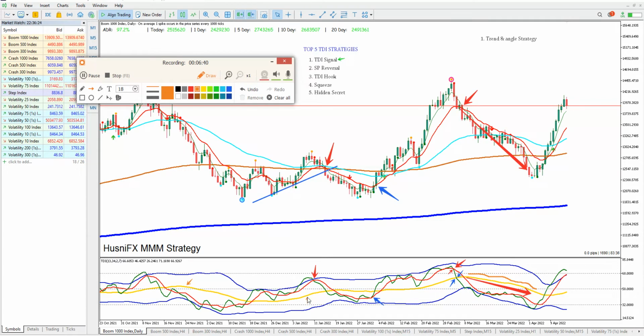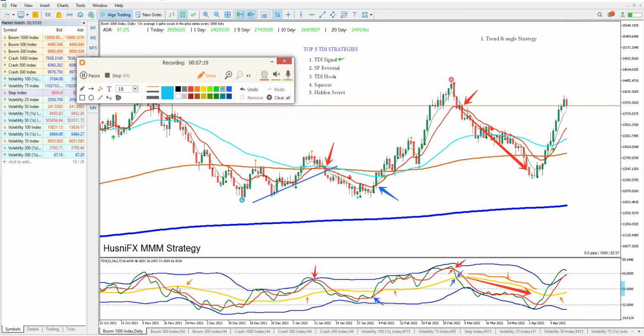Always look at this yellow moving average to see the direction of the market. Right now you can see this yellow is pointing above, to reach level 50. There is where you want to find a strong angle.